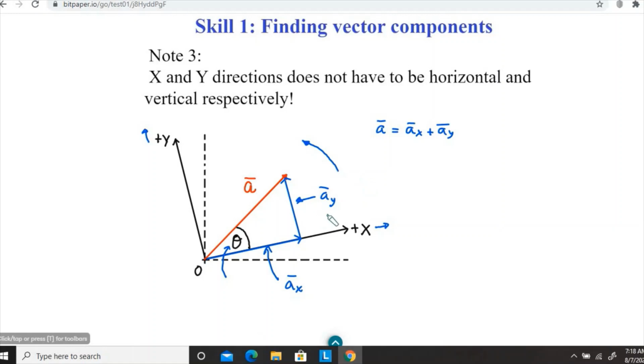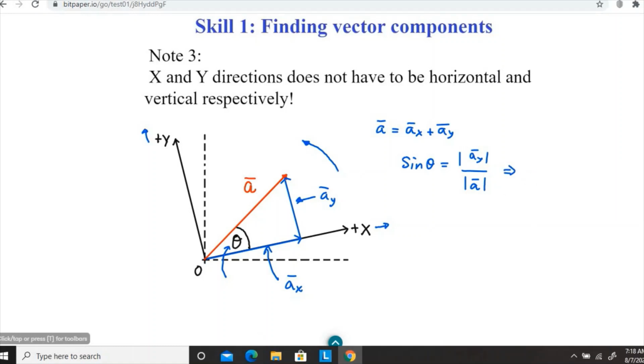Now again we can use the trigonometric functions or ratios to figure out AX and AY. So if I use sine theta, you can see that's equal to the magnitude of the AY component over the A component.